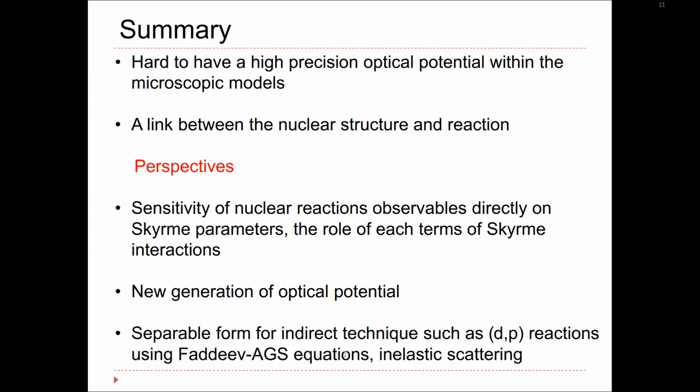And since the optical potential is already the bridge between nuclear structure and reaction, for example, for the Faddeev-AGS code, when you calculate the (d,p) reaction, for negative energy you must use a fitting process to get the binding energy, for example, for the target. So now here I use only one potential, for both negative and positive energies. And I hope that I can extend it to inelastic scattering on double closed-shell nuclei first.